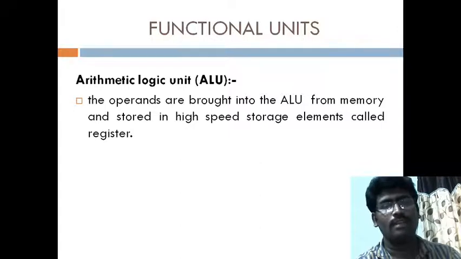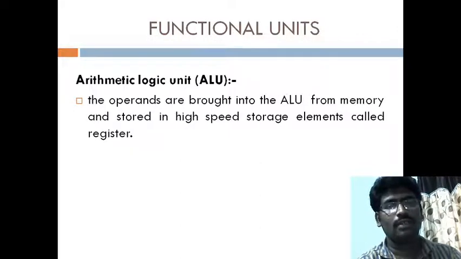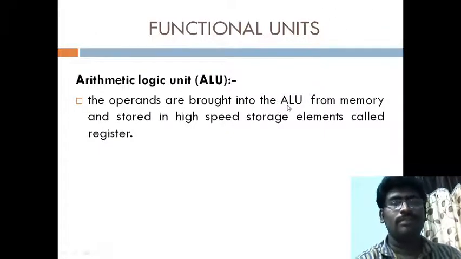Whatever instructions we are currently executing must reside in random access memory. After accessing random access memory, any arithmetic operations will be performed by the ALU. So definitely what must happen?